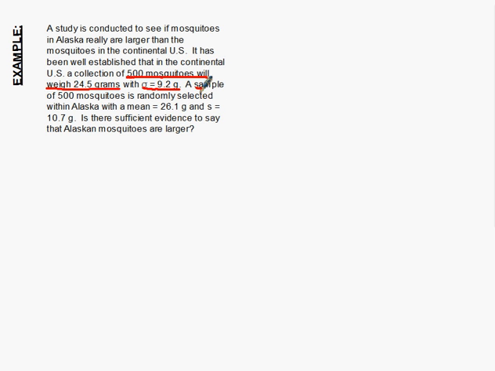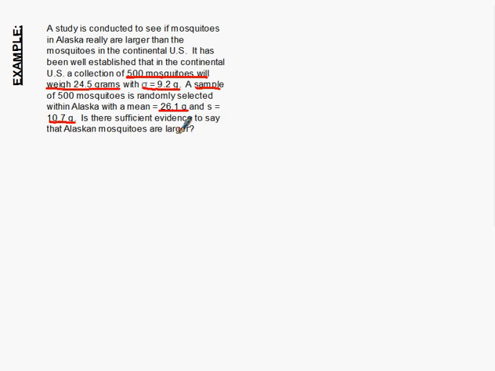Now we take a sample of 500 mosquitoes in Alaska, and we get a higher mean, and we have a sample standard deviation from our sample. Now the question is, is there sufficient evidence to say that Alaskan mosquitoes are really larger? Now this is the same question as the coin game.